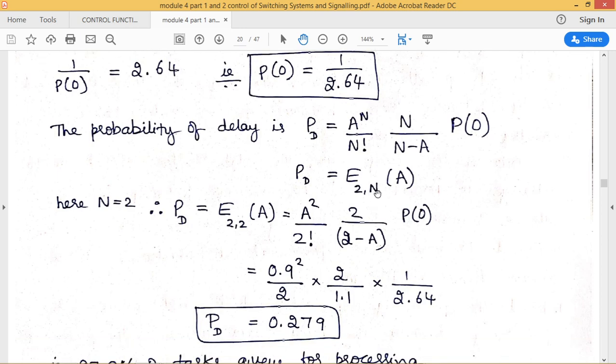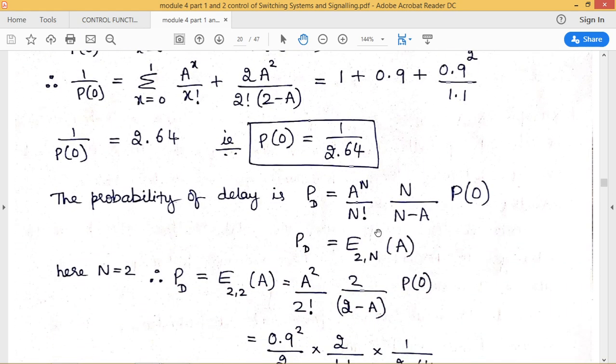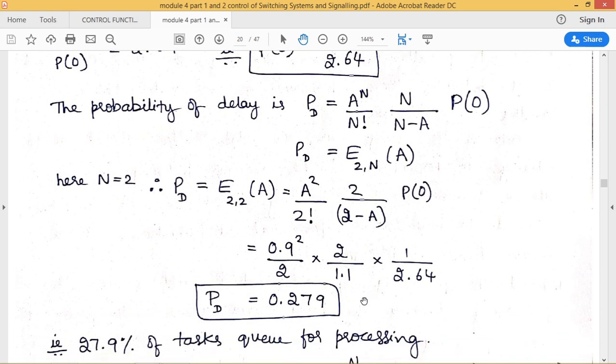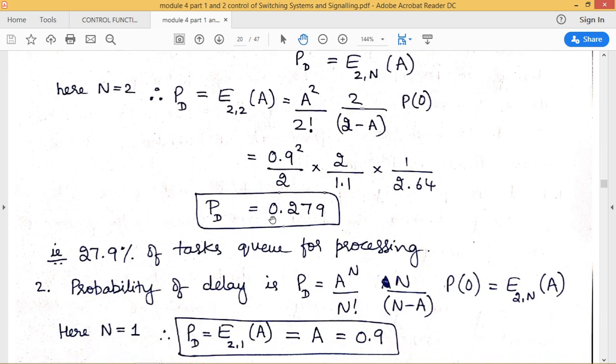Right now n is known for us. There are two processors, so n is 2. If I substitute in this equation n as 2 and a as 0.9 Erlang, then we end up with E of 2 of a equals this, and we know what P of 0 is. If I substitute those things I will end up with probability of delay equal to 0.279.